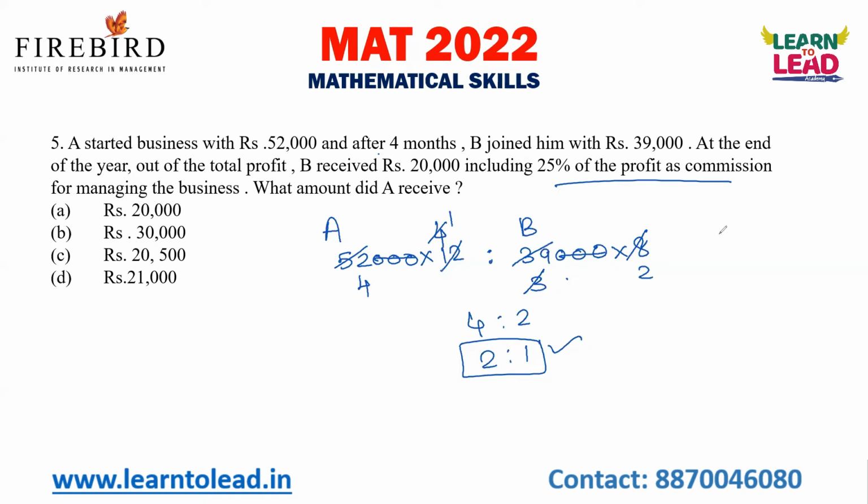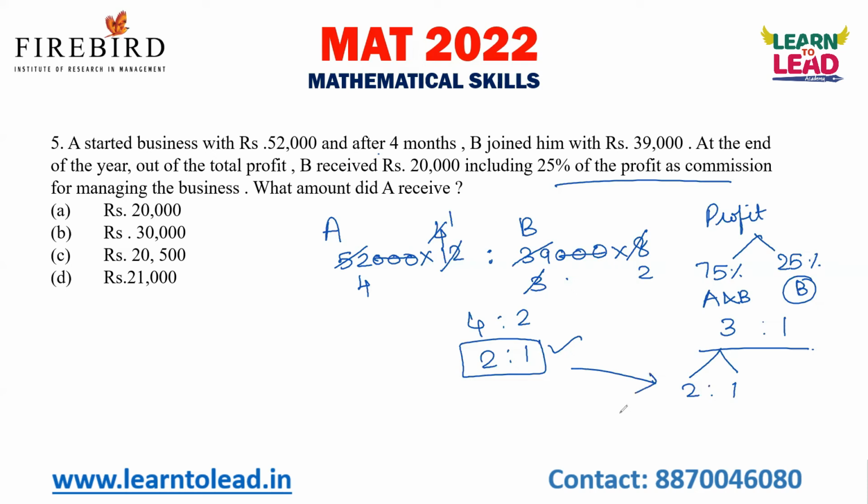See, 25% of the total profit, they have given as commission, and the remaining 75% they have shared between A and B. Anyway, they have given this 25% to B only. Okay, so if I take the ratio for these both values, 3:1 will be the ratio. And A and B are going to share the amount in the ratio of 2:1 that we have found out.